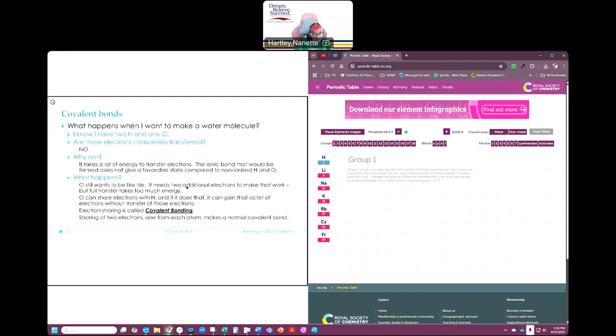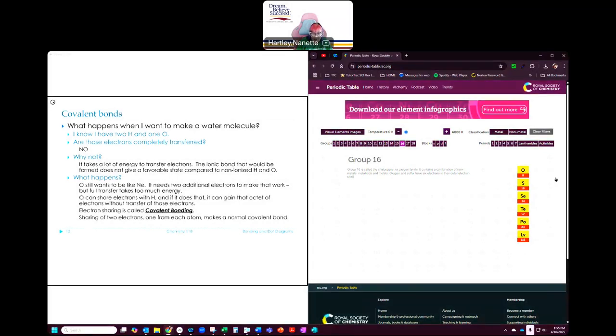Now, if I have hydrogen and oxygen, right? I know that hydrogen wants to have 2 electrons, and I know that oxygen wants to have 8. Okay, hydrogen needs 2 because he's here, and oxygen being over here, he's in group 16. He wants to pick up 2 electrons to be like neon, so he wants to have 8.